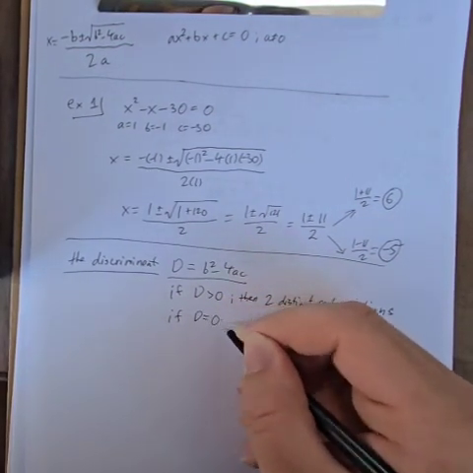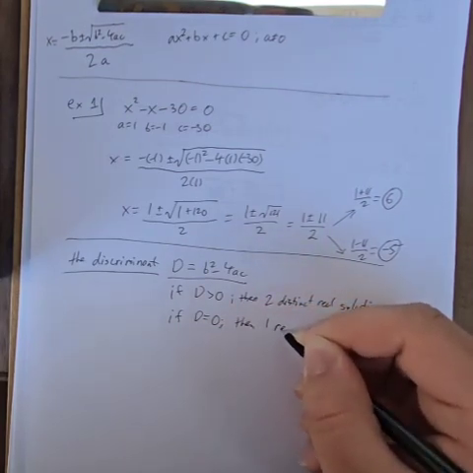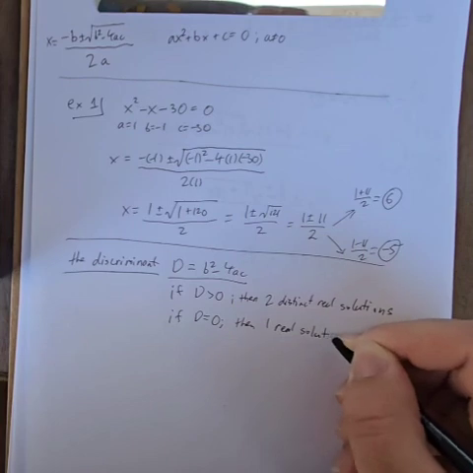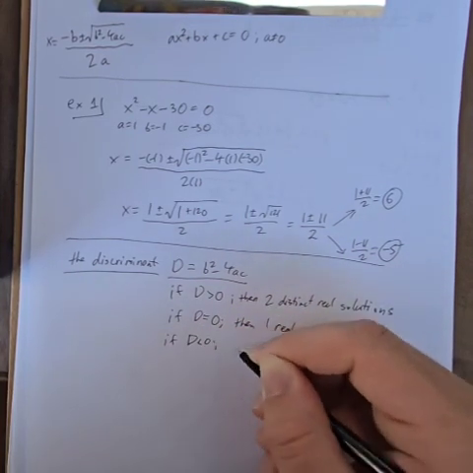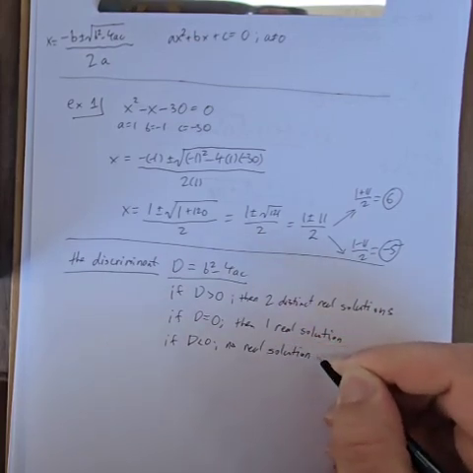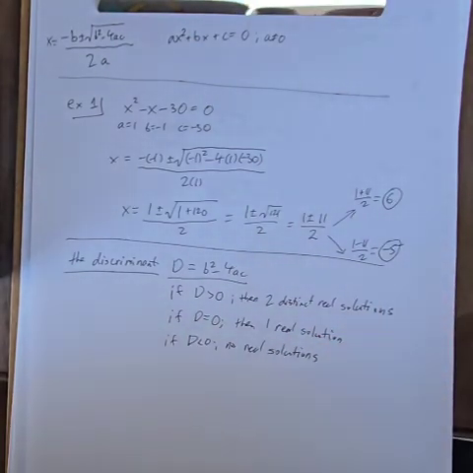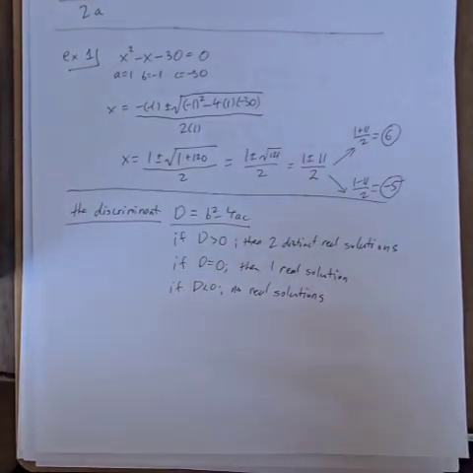If D equals 0, then 1 real solution. And if D is less than 0, no real solutions. That's how it is. So this way you can easily check how many real solutions this quadratic is gonna have.